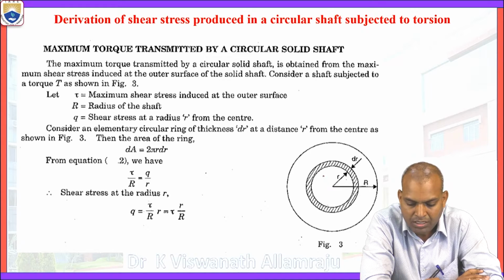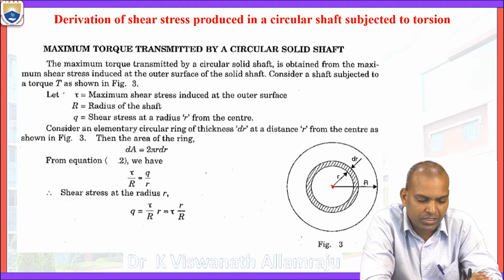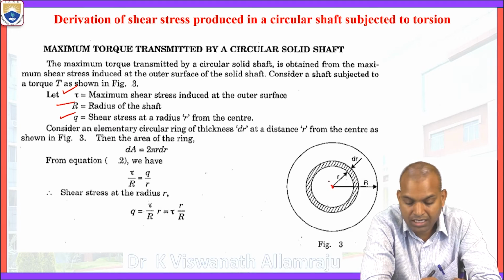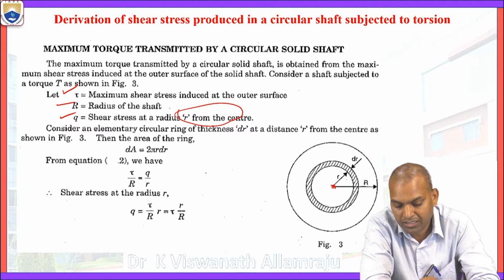A shaft is subject to a torque T, as in figure 3. Tau is the maximum shear stress induced at the outer surface, capital R is the radius of the shaft, and q is the shear stress at a radius of small r from the center. We are considering the center as the reference point.